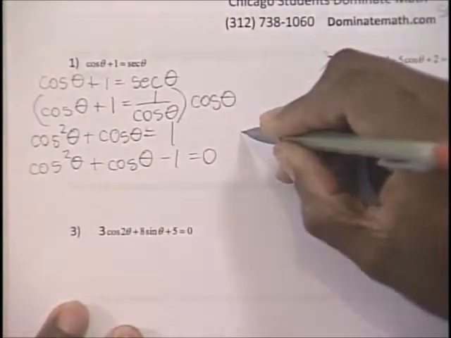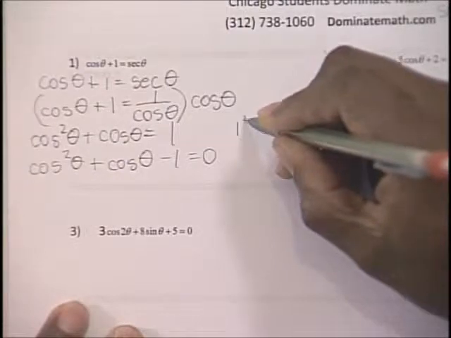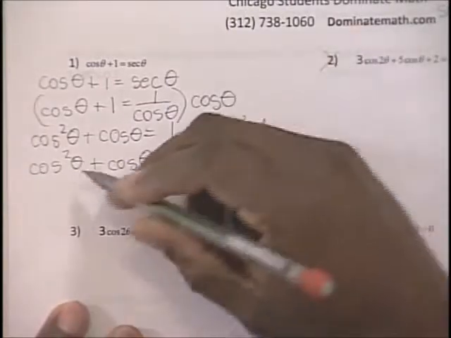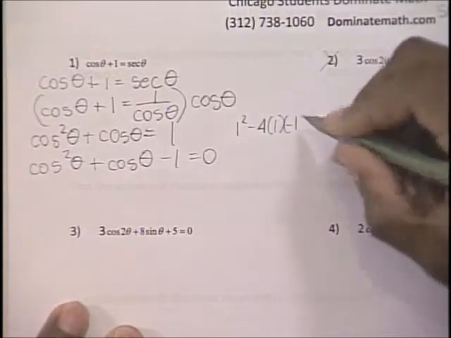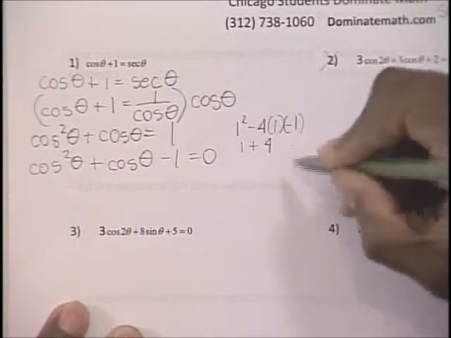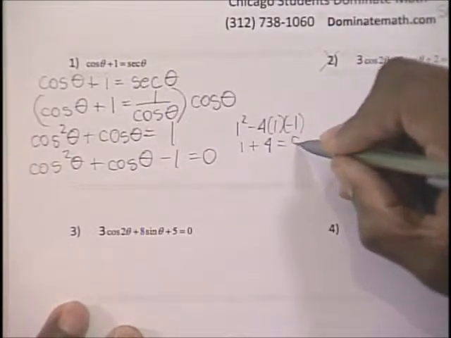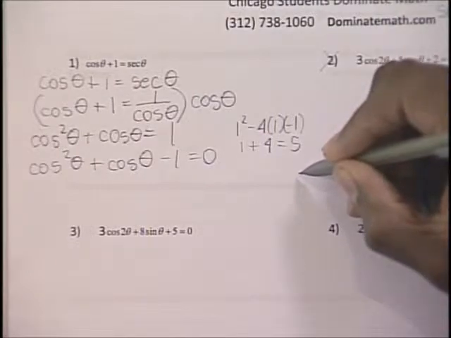If you were to find the discriminant of this, you'd get 1 squared minus 4 times 1 times negative 1. You end up with 1 plus 4, which is 5. So you're going to have to use the quadratic formula for this because it's not factorable.